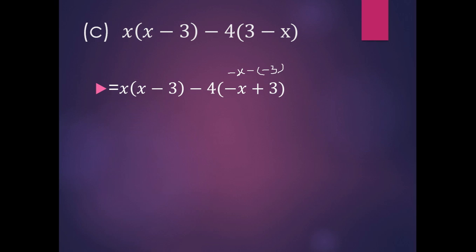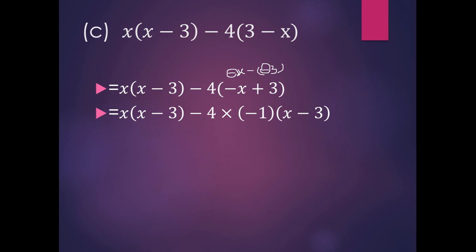So this minus x we have, and then this plus 3, meaning it is minus times minus 3. So from here this minus 1 comes out as common, and from this also we can take out minus 1, and after that what remains? x minus 3 remains.